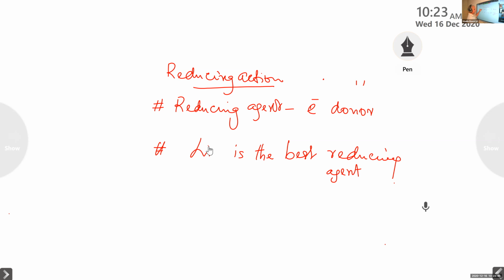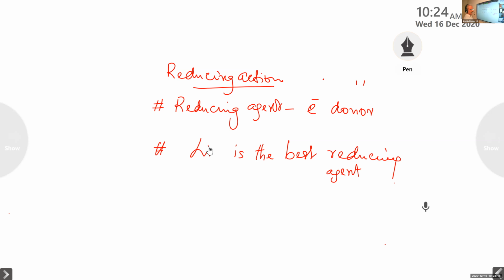Say in the case of potassium, sodium, etc., the reaction is highly exothermic, and therefore the hydrogen gas liberated easily catches fire. The reaction is so vigorous, it is so violent. But in the case of lithium, that is found to be less reactive among the alkali metals.